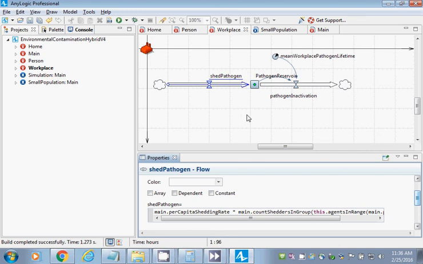Here we go, and we're going to have this workplace and the home, and let's go down to the level of workplace.